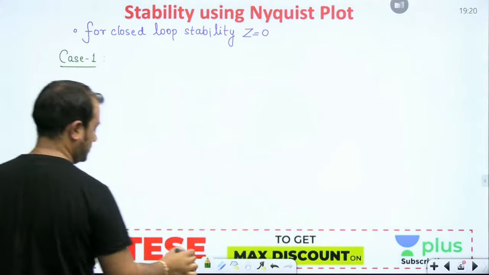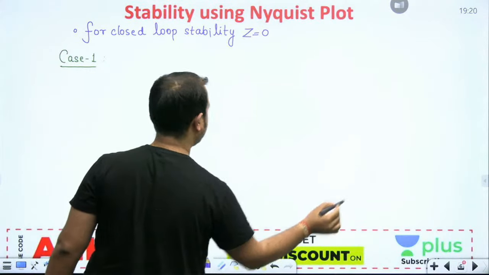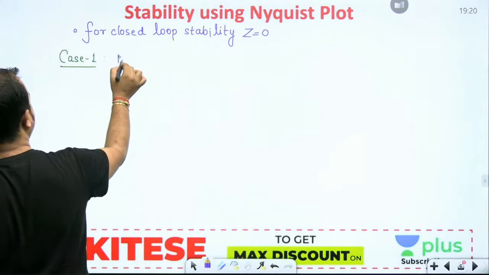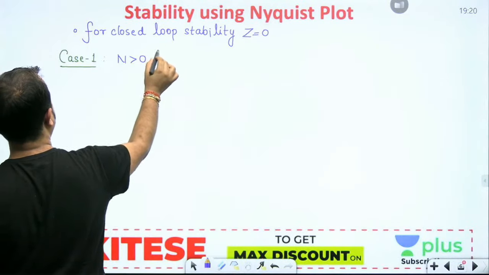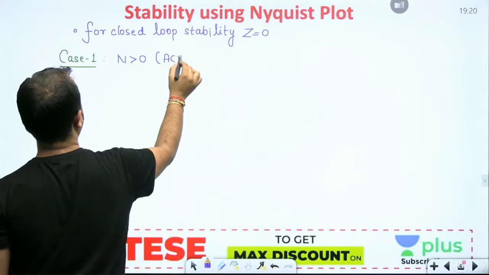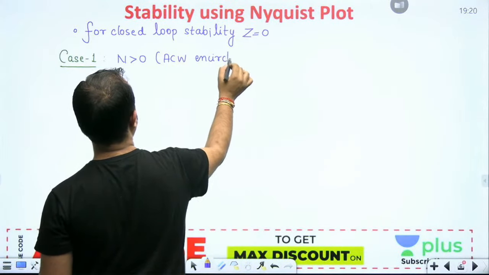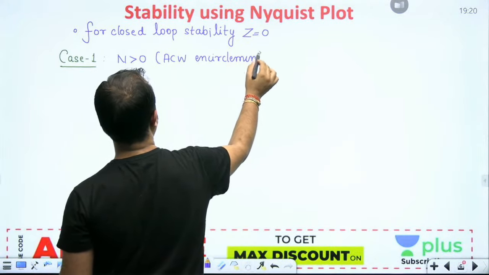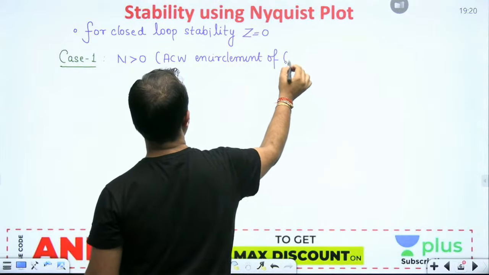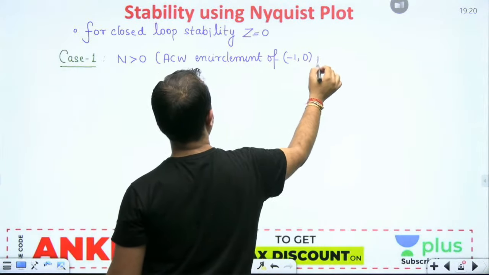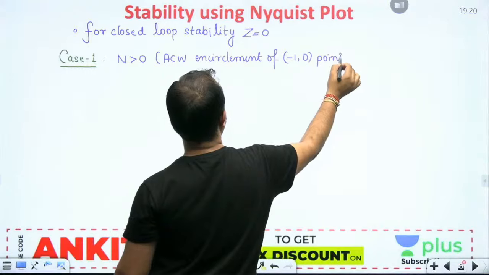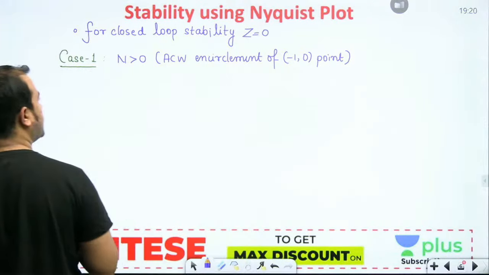Case 1 is N greater than 0, anti-clockwise encirclement of the -1, 0 point.